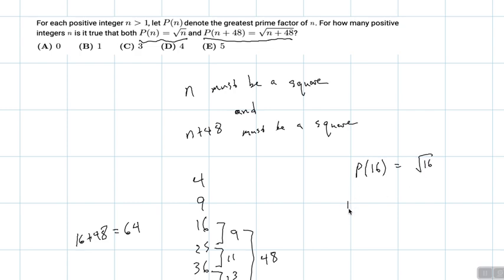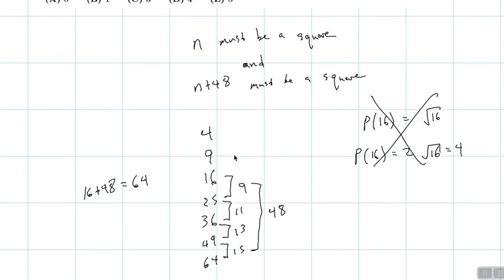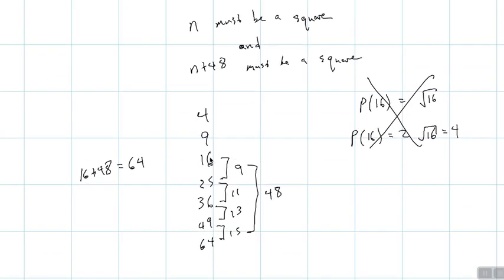Well, p of 16, the greatest prime factor of that, is going to be 2, and the square root of 16 is 4, so that is not true. So already we can rule out 16.